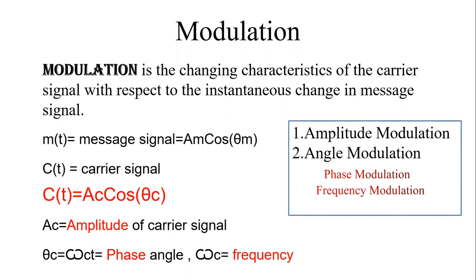So what is modulation? As we have already seen, it is the changing of a characteristic of your carrier signal with respect to the instantaneous change in the message signal.